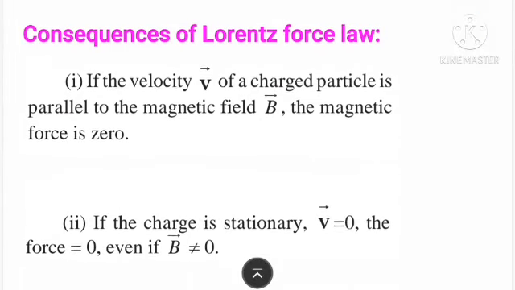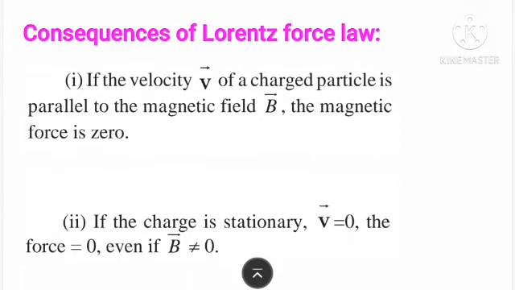This Lorentz force law has some interesting consequences. First, if the velocity of the charged particle is parallel to magnetic field B, then the magnetic force is zero. This is the first consequence of the Lorentz force law.